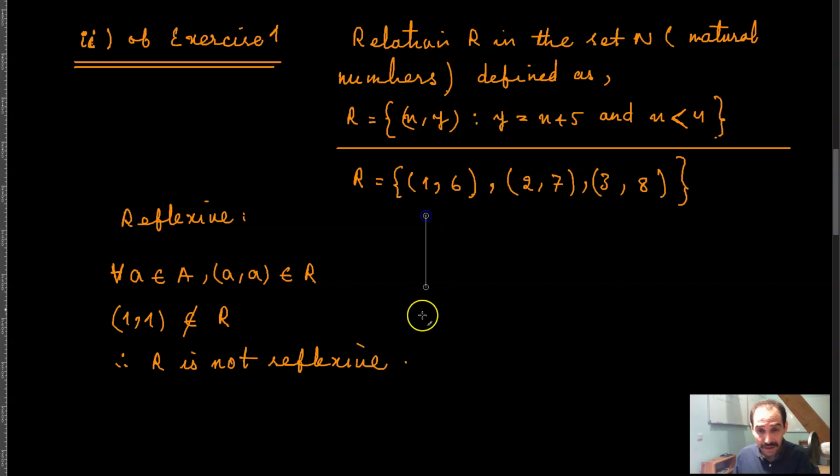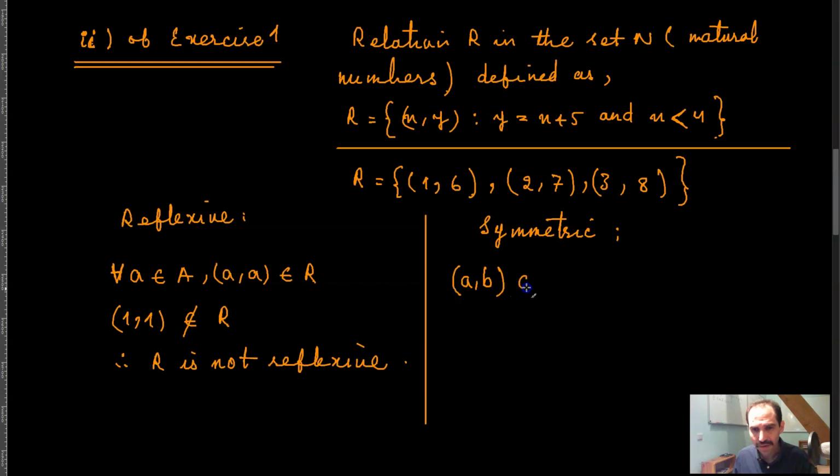Now, for the case that R is symmetric, we say that if A comma B belongs to R, then B comma A has to belong to R as well, for all A and B belonging to the set A, for example, right?